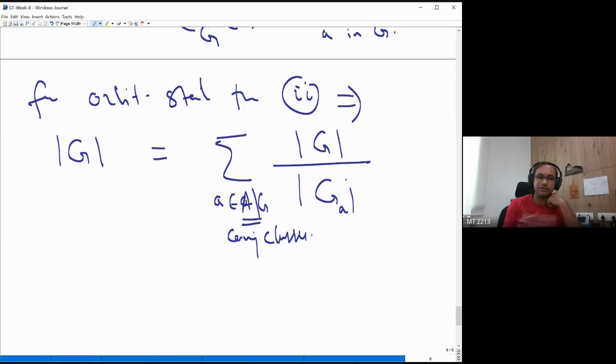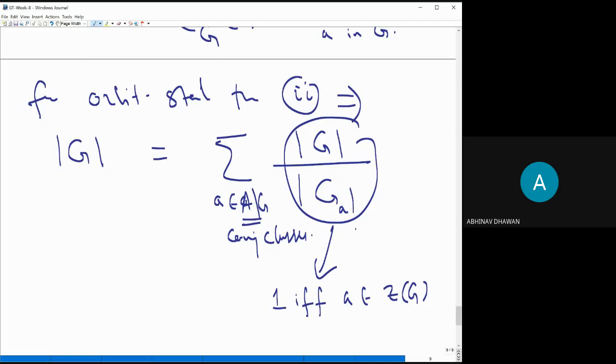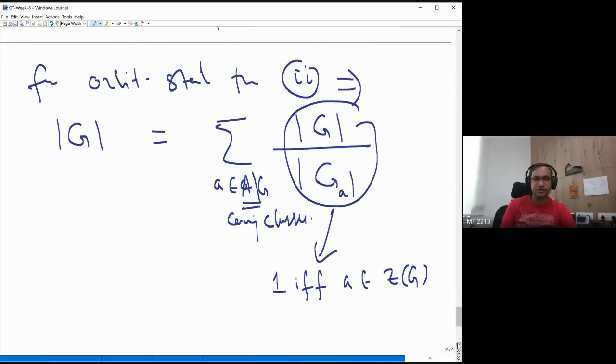What will happen to this number? This is 1 if and only if A is in the center of G, because the centralizer is the whole of the group G. Yes. I should have written one more line here.